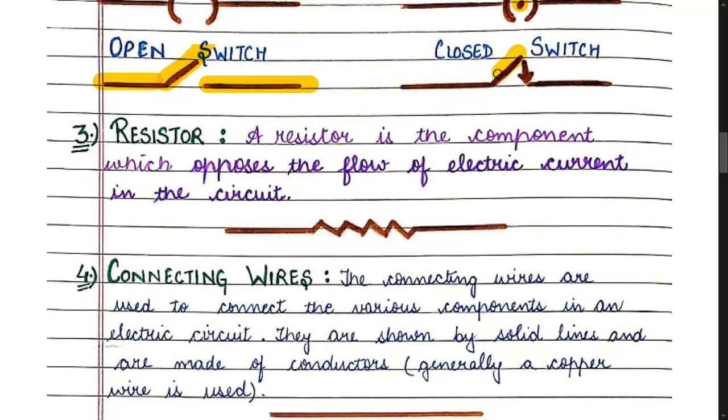If you put the latch down, then the wire or the circuit gets completed. Again, open switch represents no flow of electric current, while in case of closed switch, electric current flows through the circuit.